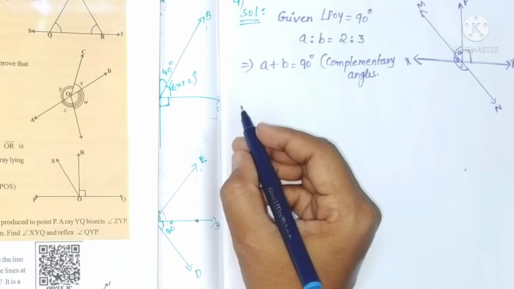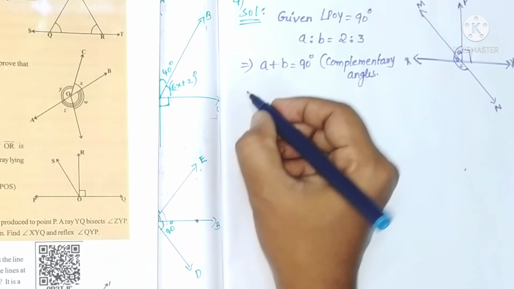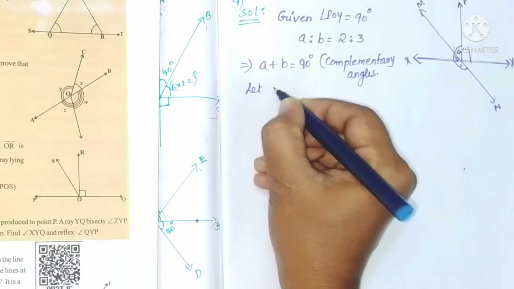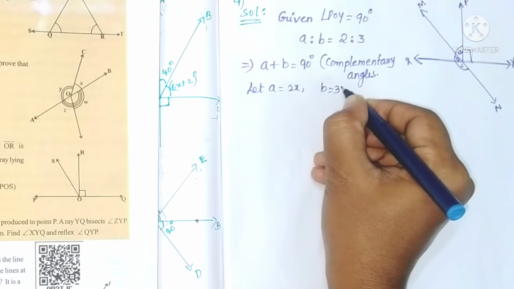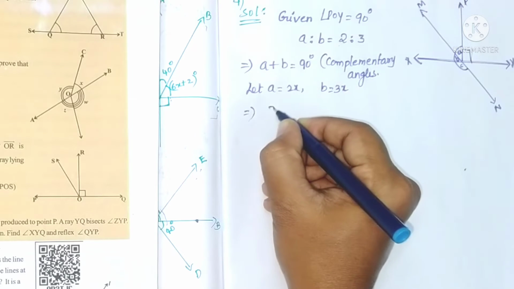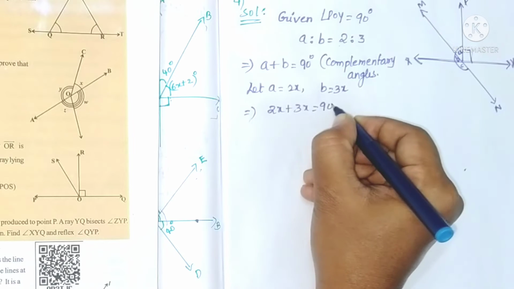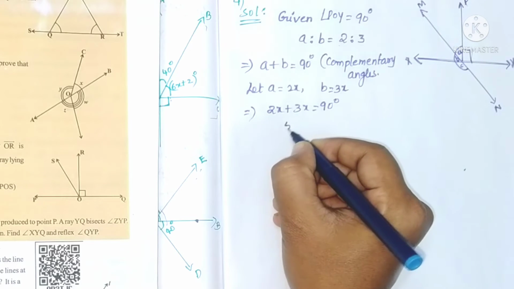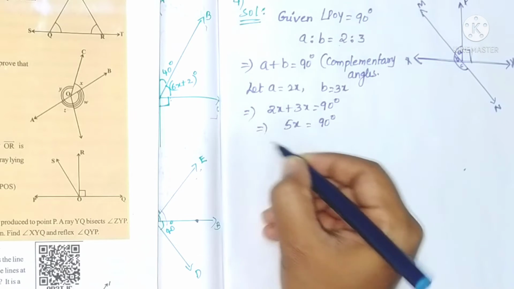Here A is to B is 2 is to 3. So let A equal 2x and B equal 3x. Then 2x plus 3x is equal to 90 degrees.